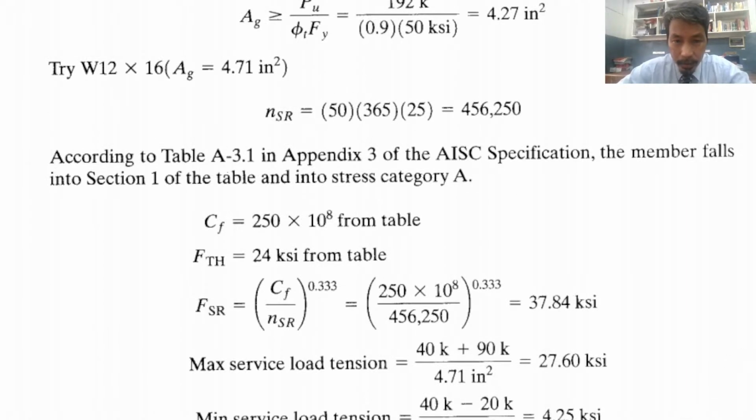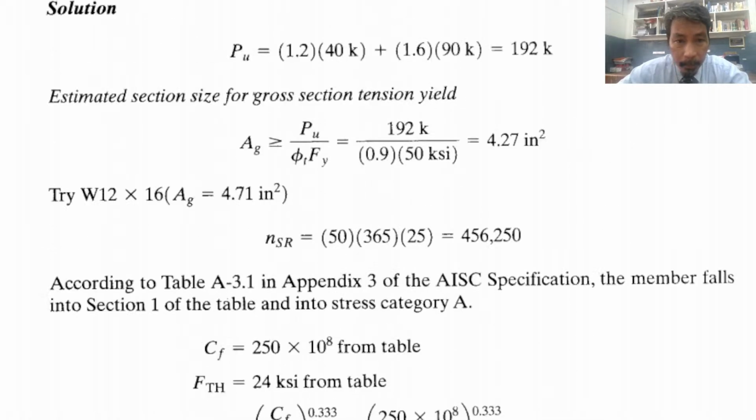Okay, and then we have the element that we are going to use. Gross area is 4.71. Why can we use this? Because this is more than the requirement, which is 4.27. So we can use this material. How to determine?